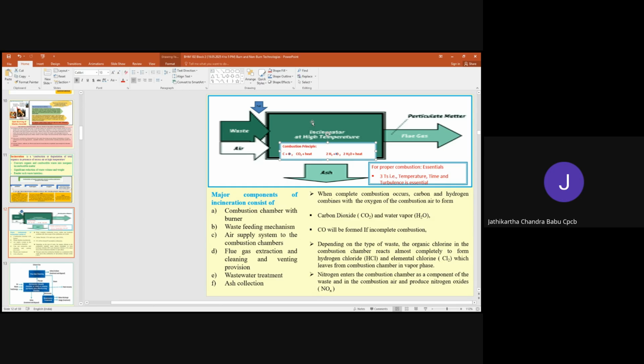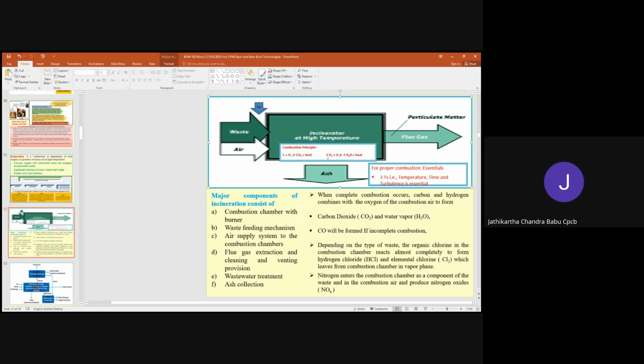Here in the process of combustion, we are converting the carbon in presence of oxygen. It is a simple equation, not required to worry about the complexity of the nature. It is a very simple equation you have to understand. Combustion is nothing but carbon in presence of oxygen being converted into carbon dioxide.